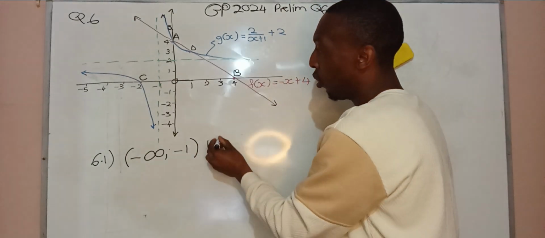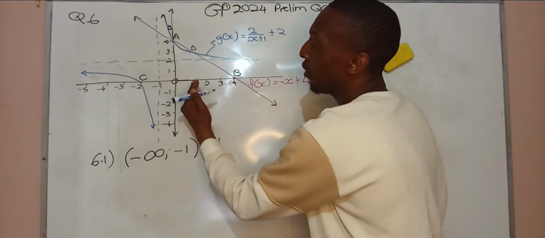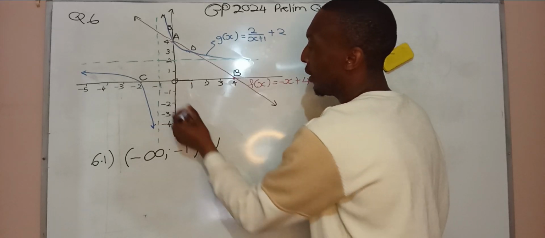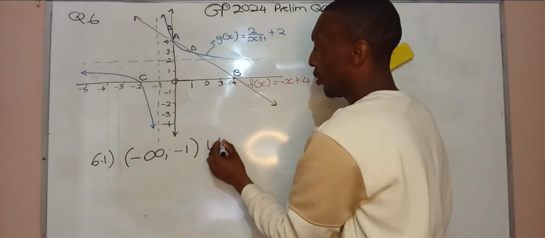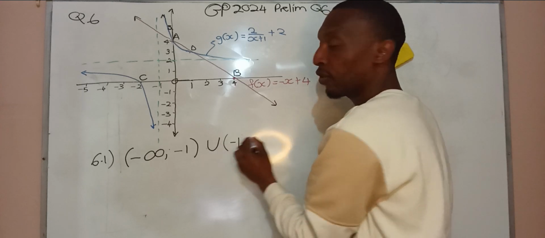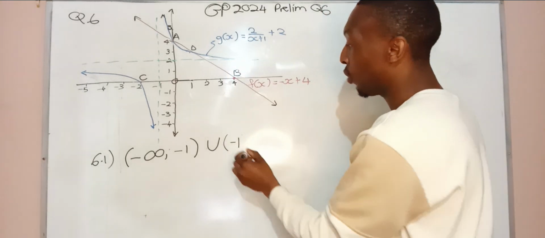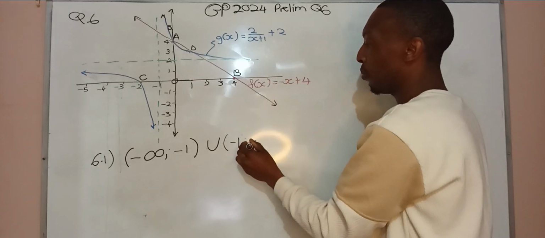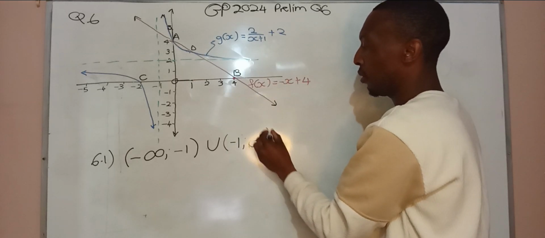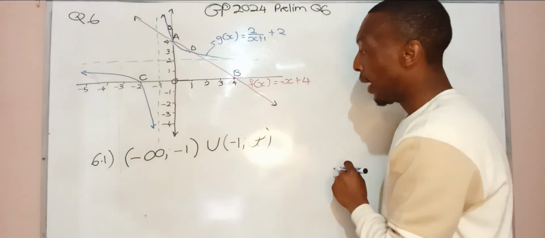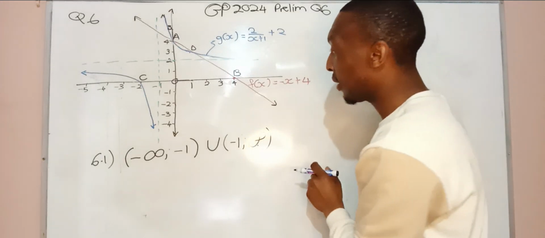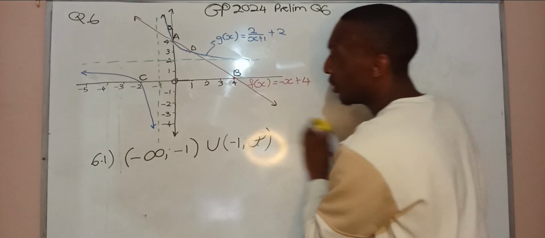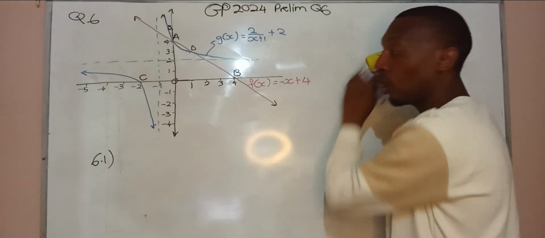Union, meaning all. What happens after negative 1? The graph continues. So from negative 1, the graph continues excluding negative 1, and it goes all the way to positive infinity. I wonder if you can see that. Because of the glare, let me write it slightly lower.